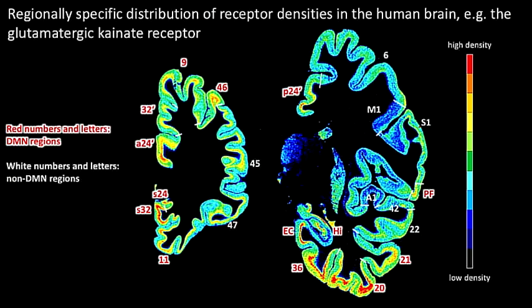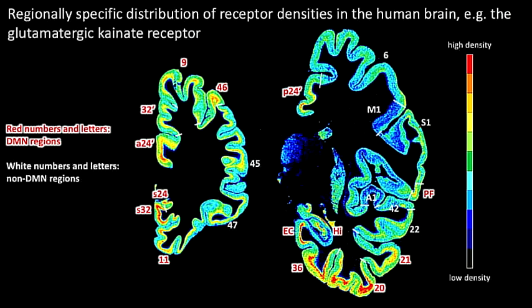And what is shown here is the distribution of the glutamatergic AMPA receptor. The red numbers define default mode areas, and the white letters or numbers define non-default mode areas.